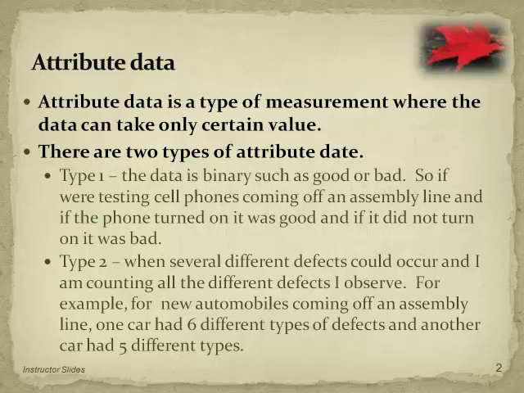The other type of attribute data is when we have a process where there could be several potential things that could go wrong with it. In other words, there could be several different types of defects, and I'm just going to be counting the number of defects that I find. An example of this would be an automobile assembly process.